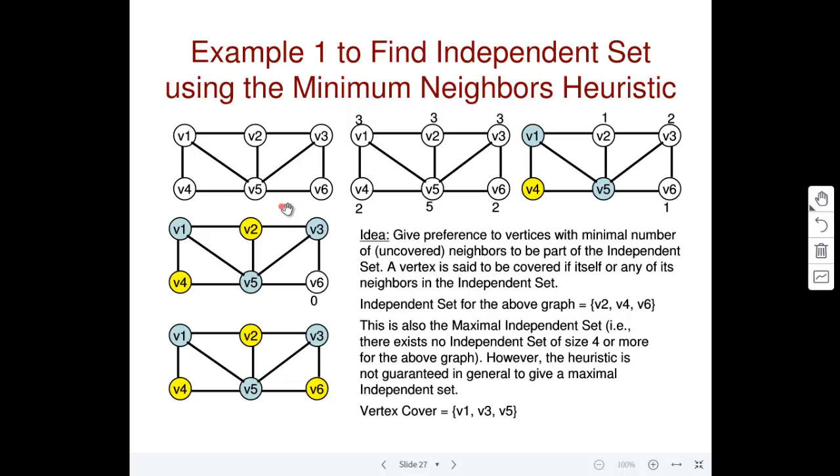Now again, from the definition of an independent set, there should not be an edge between any two vertices that we end up with in the independent set, right? So if I include a vertex in the independent set, its neighbors cannot be included in the independent set, right?